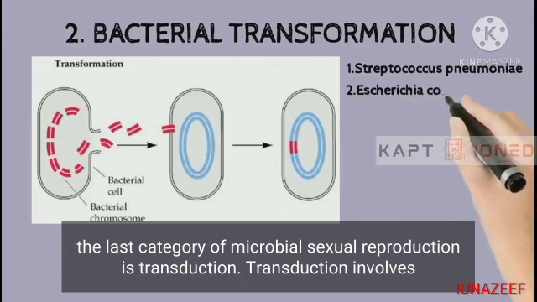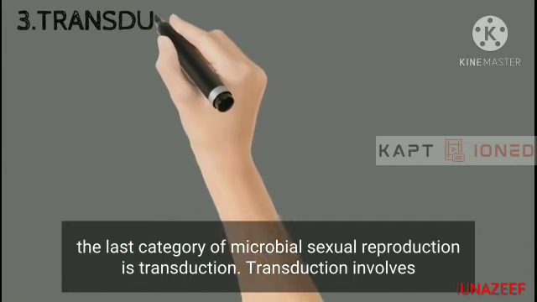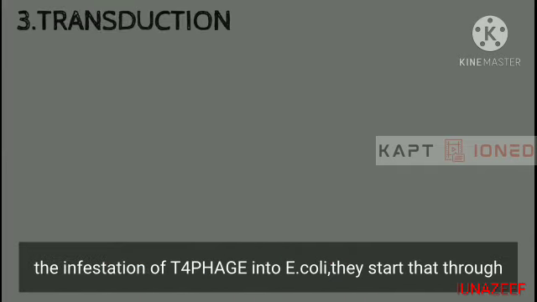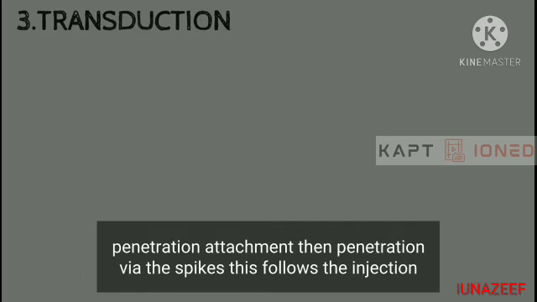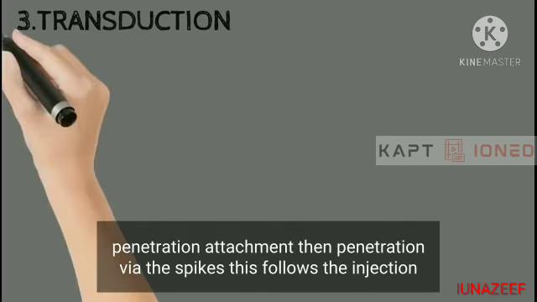The last category of microbial sexual reproduction is transduction. Transduction involves the infection of Escherichia coli bacteria by a bacteriophage. They start through attachment, then penetration via the phage spikes.